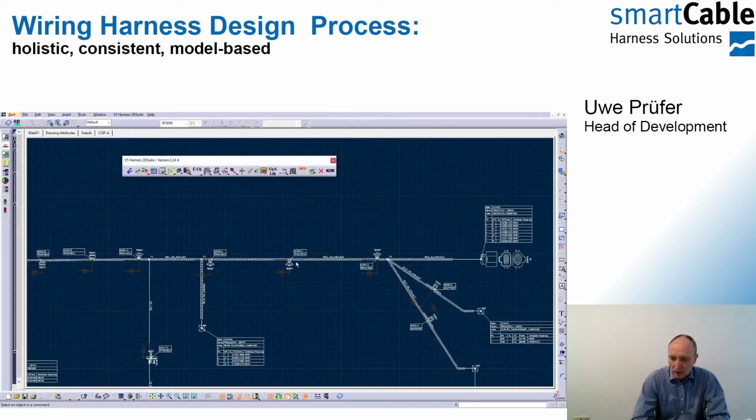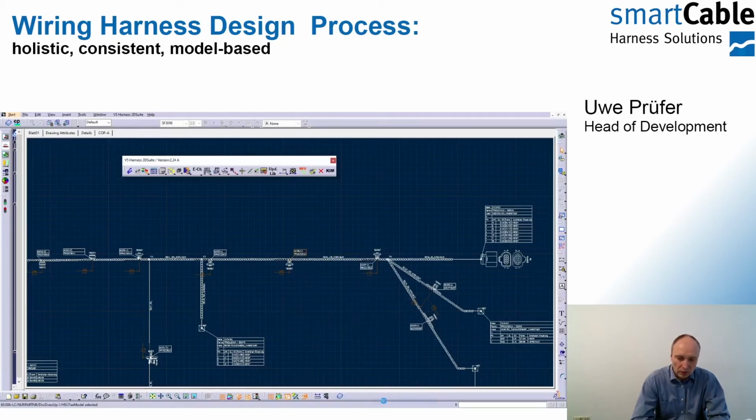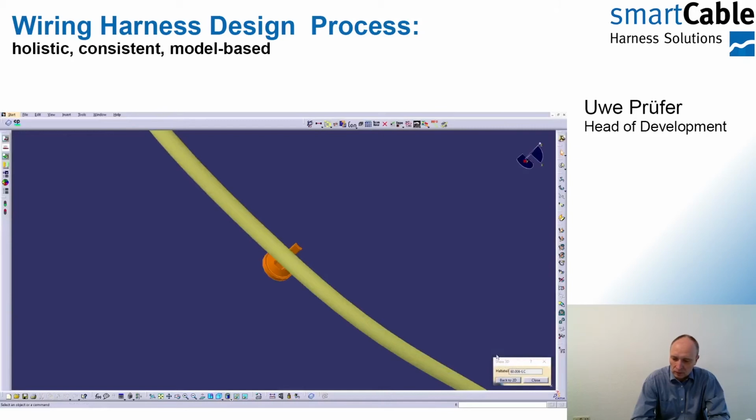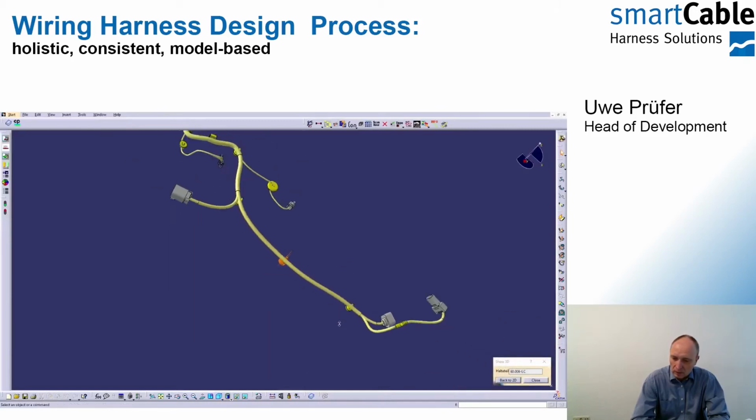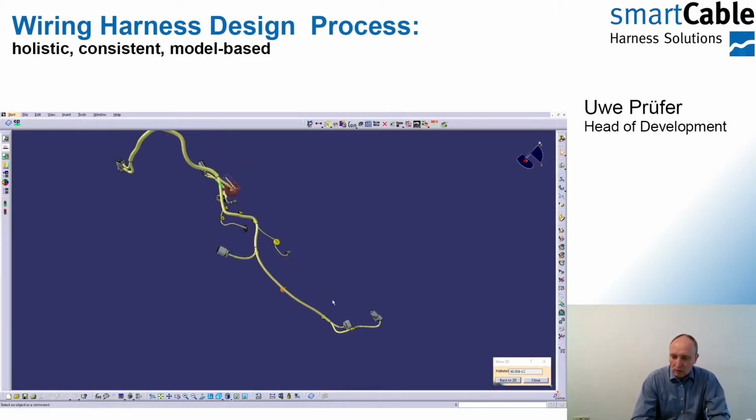So from here I can switch the view and show the same fixing in the 3D environment. Here I see where it's located, and here I can run the check to test all the distances from fixing.